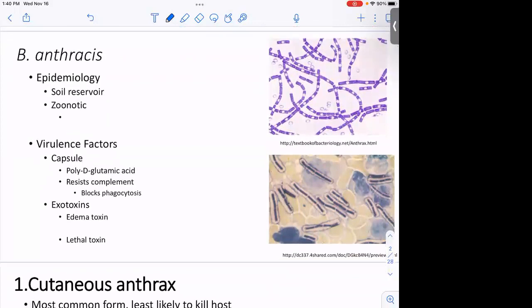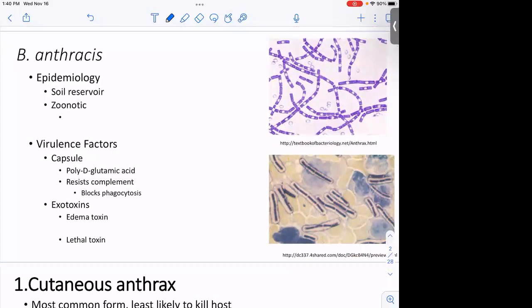Anthrax is very, very rare. So we think, well, why are we even talking about it? Well, it's just really interesting. And there is the potential. This is, of course, the weapon of choice of bioterrorists. From 1976 to 2001, there were only 25 cases of anthrax reported in the US.